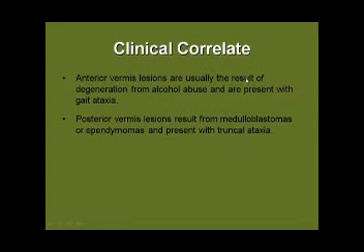In contrast, posterior vermis lesions are more likely to affect trunk muscles and cause what is known as a truncal ataxia, where the patient has difficulty maintaining an upright sitting position on a bed or a table. But unlike the anterior vermis, which is affected by chronic alcohol abuse, posterior vermis lesions much more likely result from different forms of cerebellar-based tumors, either medulloblastomas or ependymomas.